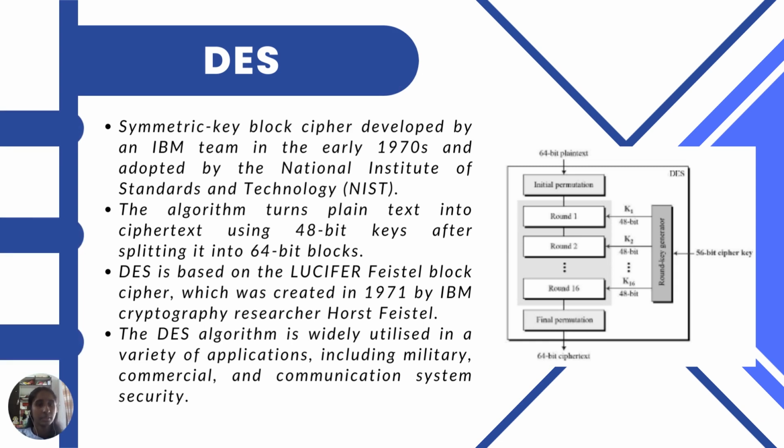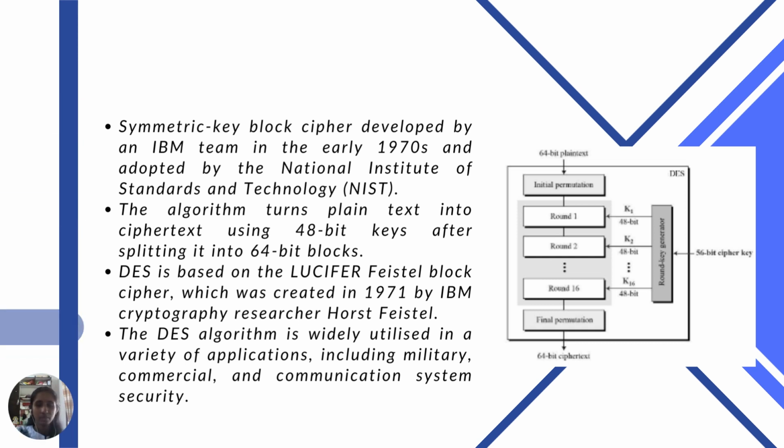For symmetric cryptography, the first one is DES. DES is a symmetric key block cipher developed by an IBM team in the early 1970s. The algorithm turns plain text into cipher text using 48 bits after splitting it into 64 bit blocks. This algorithm is widely utilized in a variety of applications including military, commercial, and communication system security.